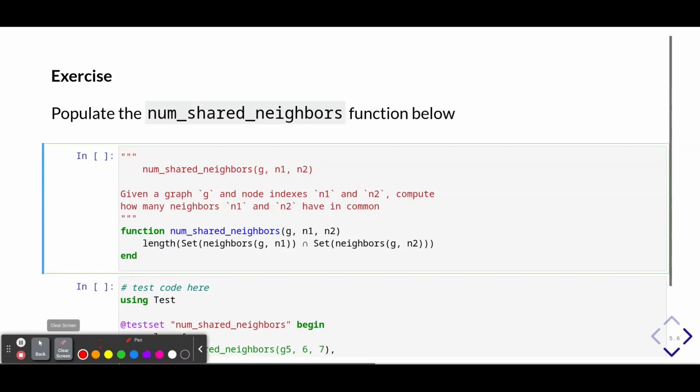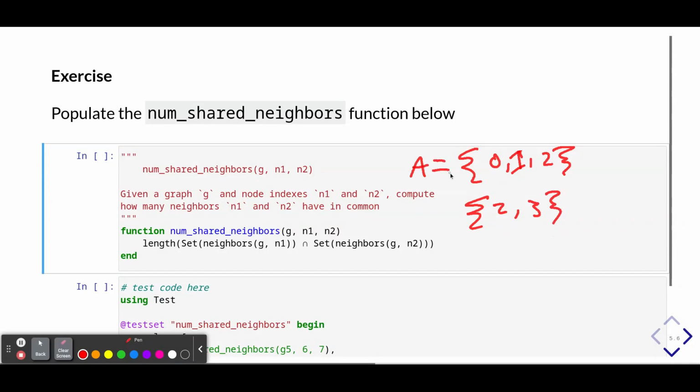Now, if you don't know a lot of set theory, here's how it might work. Often when we're doing math, we write sets using curly braces. So maybe I have a set here, 0, 1, and 2, containing these three elements. And then I have a second set here containing 2 and 3.